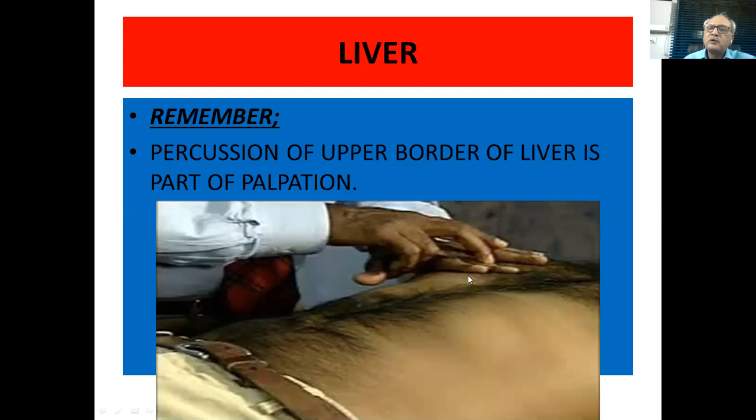You start percussion from the second intercostal space, and by percussing, you move towards the upper margin of the liver. When the note becomes dull, you mark that this is the upper margin of the liver.